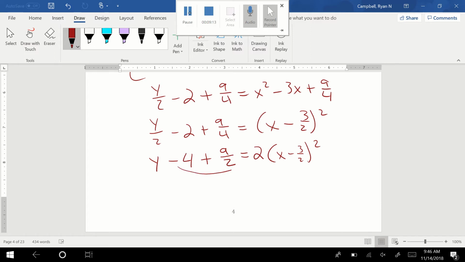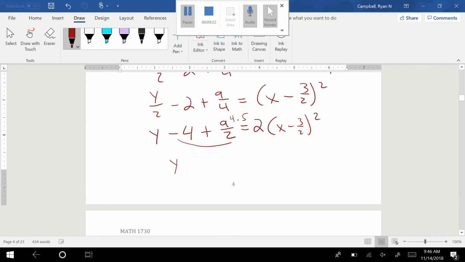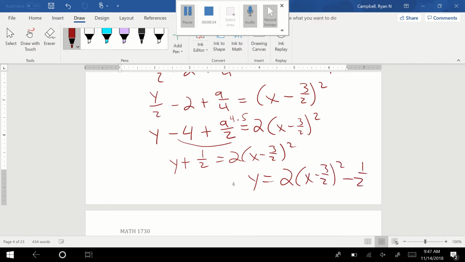We know that 9/2 is the same as 4.5. So negative 4 plus 4.5 is going to be positive 0.5, or 1/2. So if we subtract that out, we have y equals 2 times x minus 3/2 squared minus 1/2. So we have now put it into our correct form.